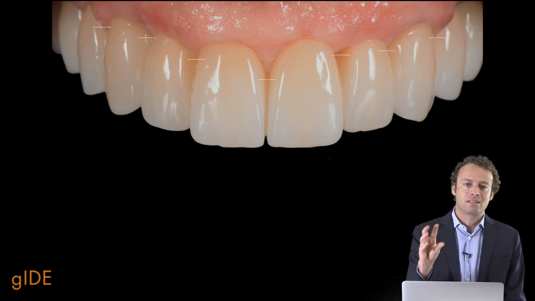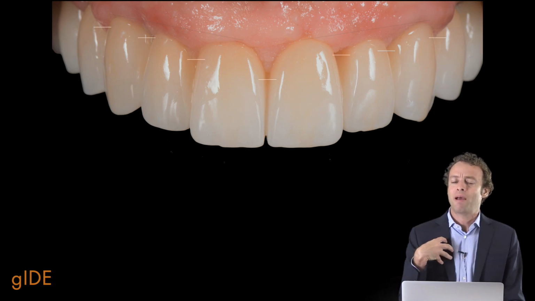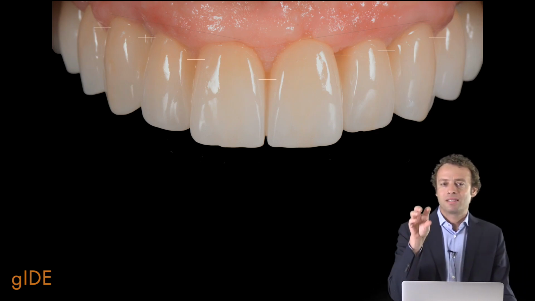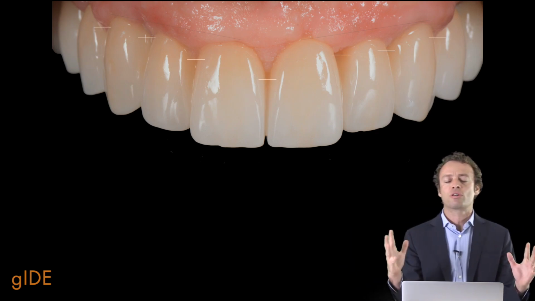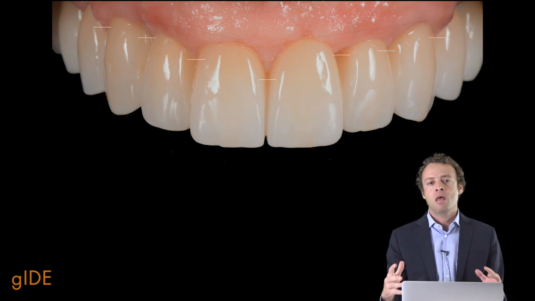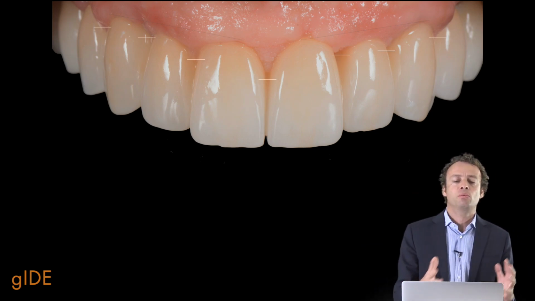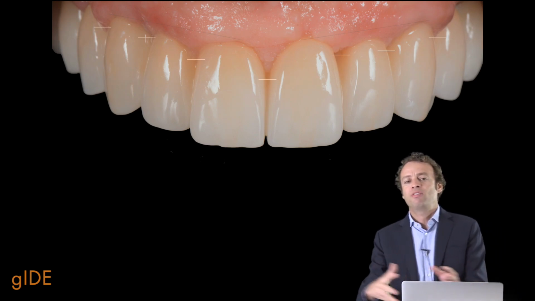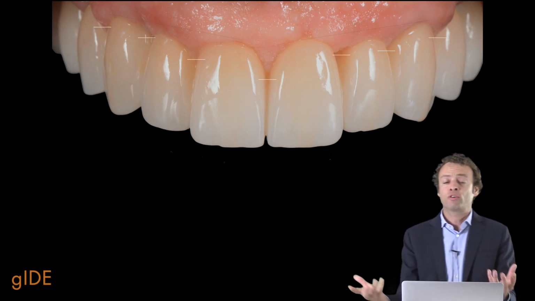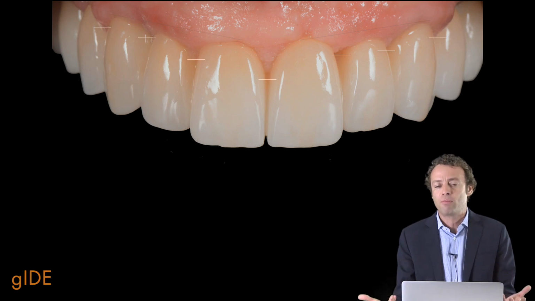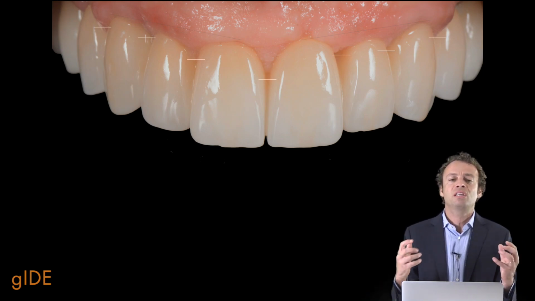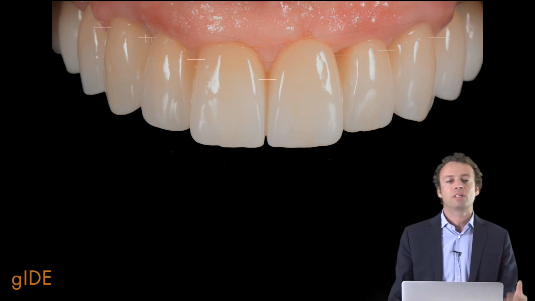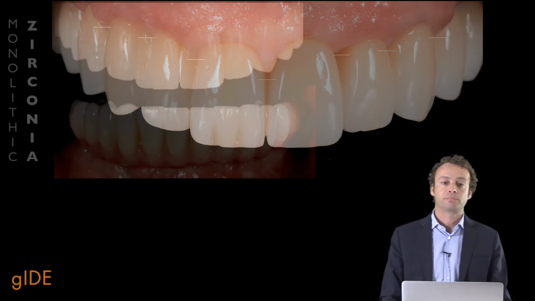Because if I test the soft tissues in the mouth with my temporary per month, and then I maintain them in the same situation also with the final restoration, of course my soft tissue will be stable. But if I am not able to maintain the morphology that I created in the mouth with the final rehabilitation, of course my final framework will support the soft tissues in a different way, and so I will observe modifications of what I have created with the temporary.